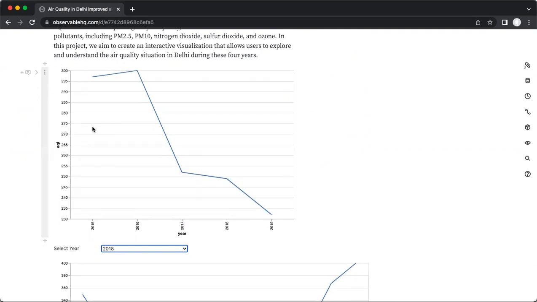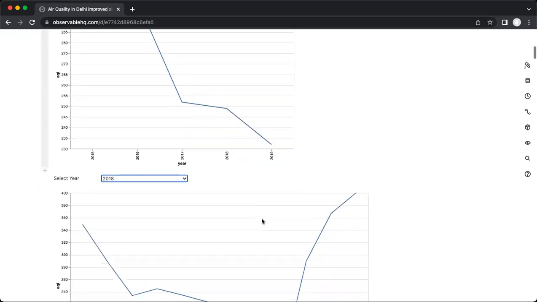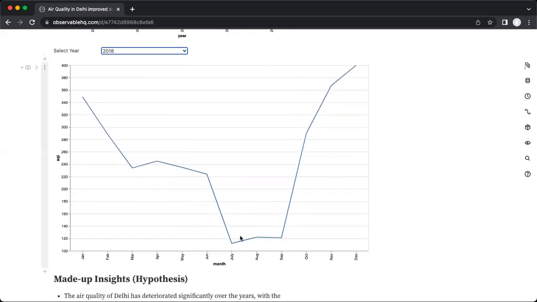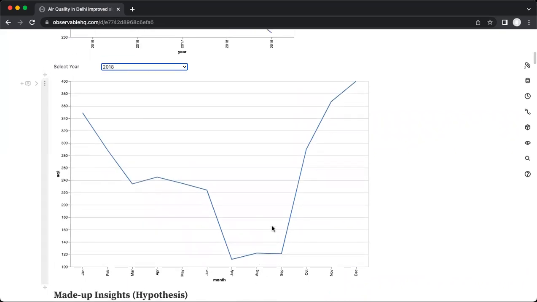The AQI has decreased by almost 40%, because it was nearly 300 in 2015, and by 2019 it was around 230. The second insight is that July to September has the lowest average AQI, which means July to September has the healthiest air quality.